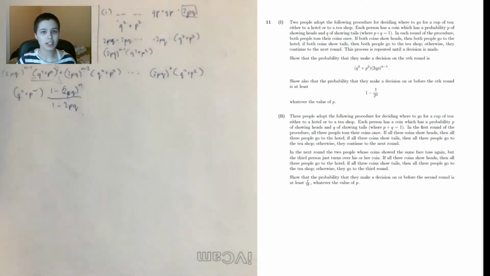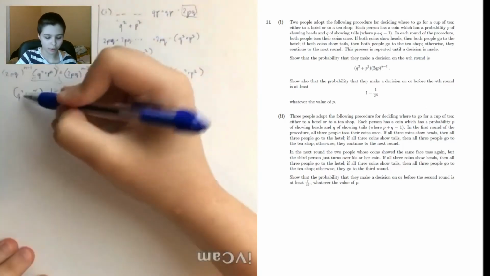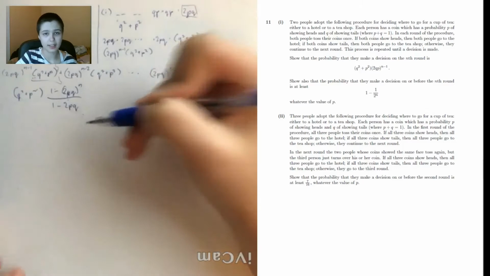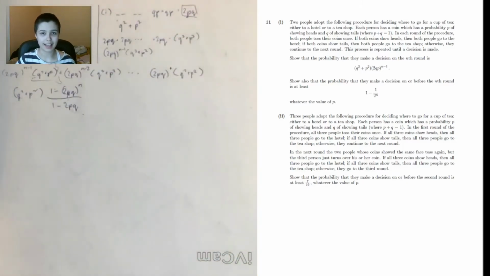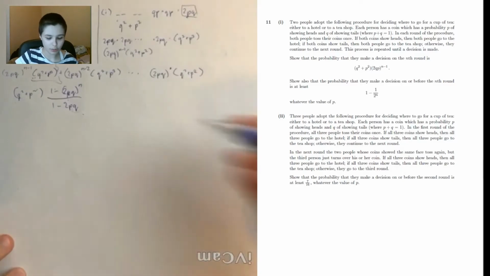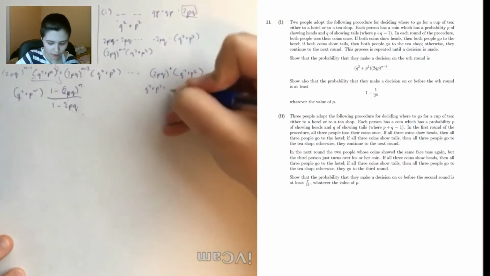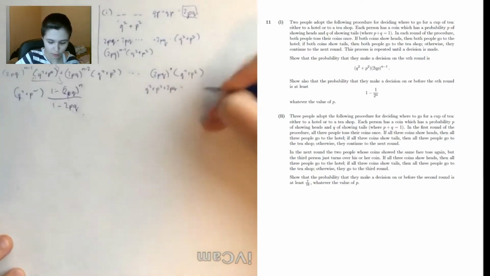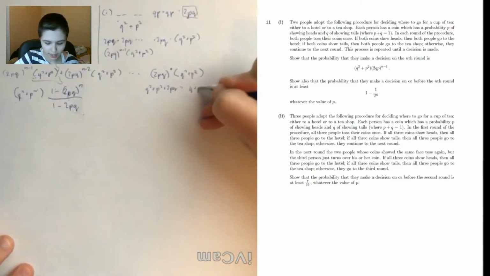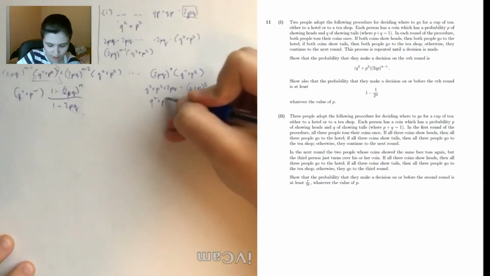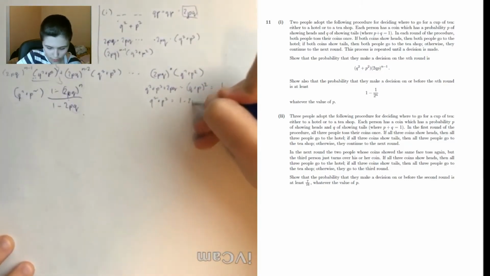So what I did originally was think, maybe I should convert all of the q's into p's, and see if they cancel out, or at least one of the factors cancels out. And they do, because it is indeed true that q squared plus p squared plus 2pq is equal to (q plus p) squared, which is 1, and so q squared plus p squared is equal to 1 minus 2pq.